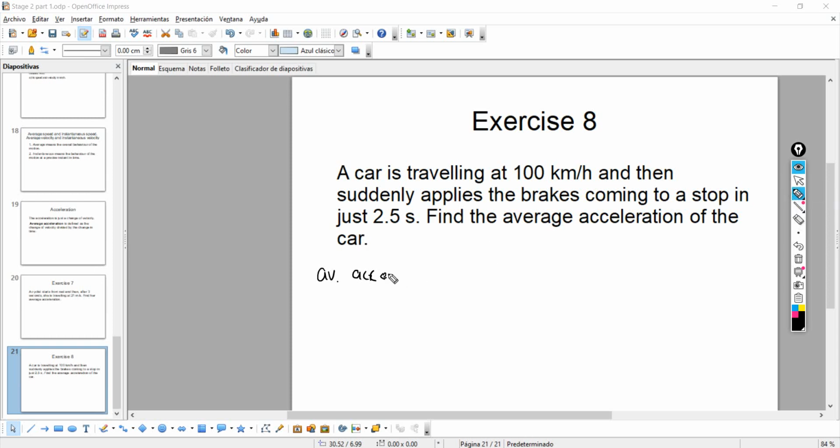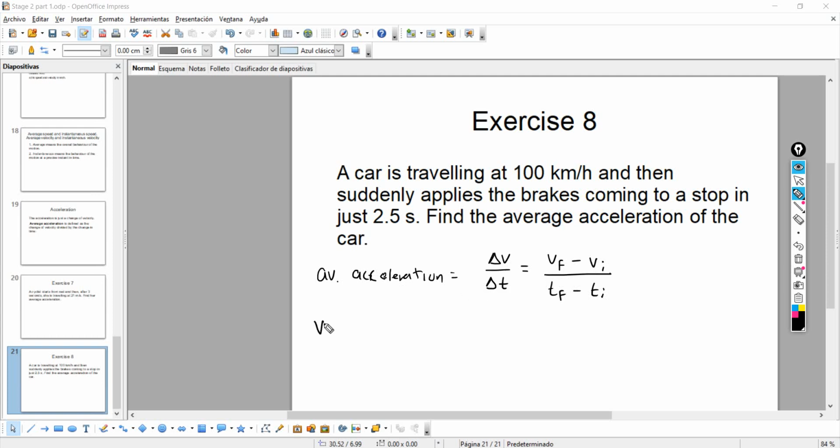Average acceleration is equal to the change of velocity over the change in time. And each of these quantities means final velocity minus initial velocity over final time minus initial time. And if I know each of these four quantities, therefore I can calculate the average acceleration.